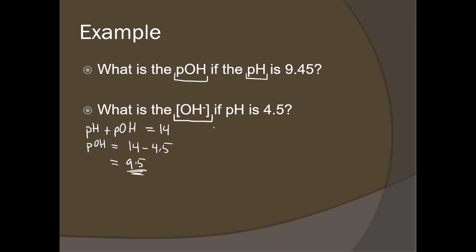Now to calculate the concentration of hydroxide, this is just the antilog of the negative pOH, so 10 to the negative 9.5. Then we just throw that into our calculator.